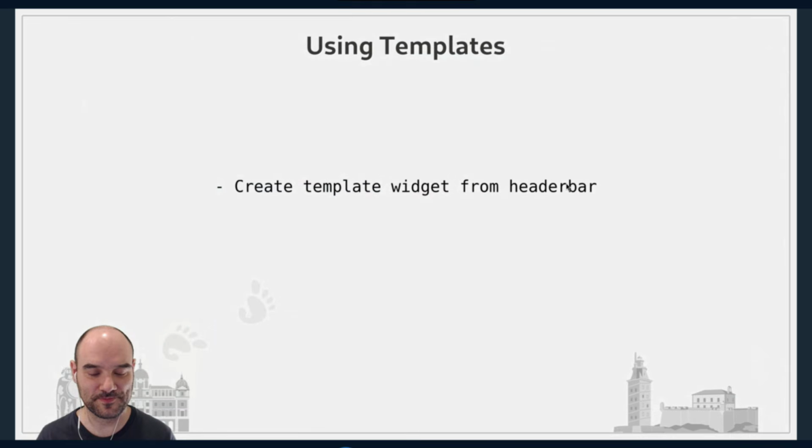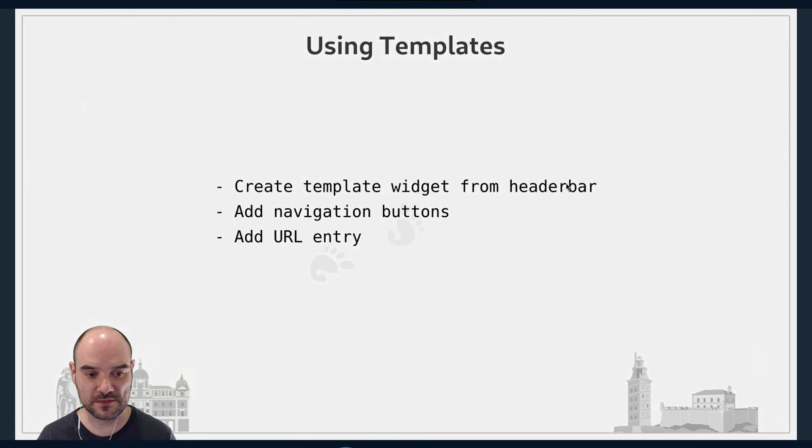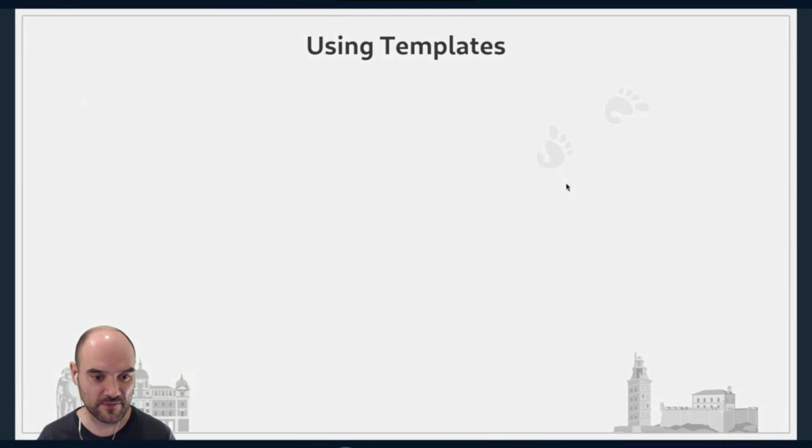All right, so using templates. Yeah, we are kind of short of time. Let's move on. So using template, we're gonna create a template from the header bar, add some more navigation buttons, and add a URL entry that we might leave out because we won't have enough time.